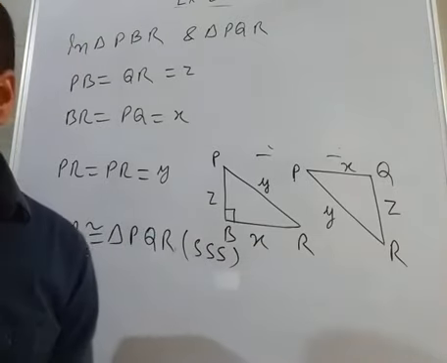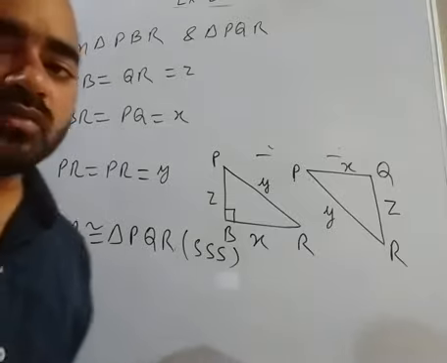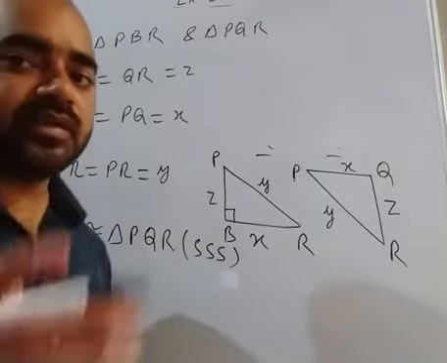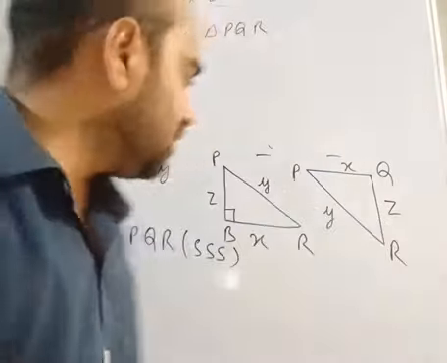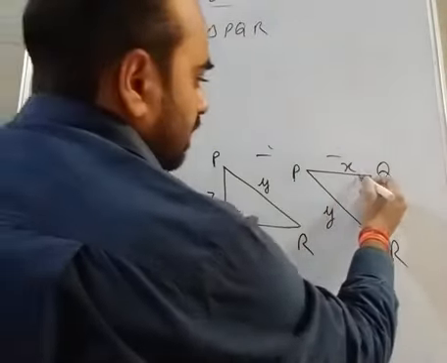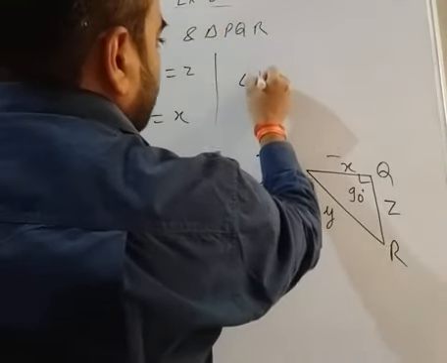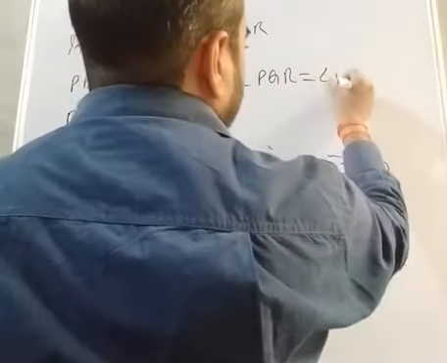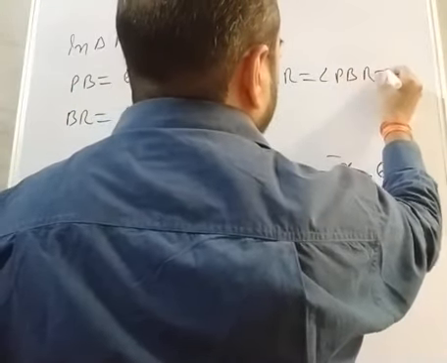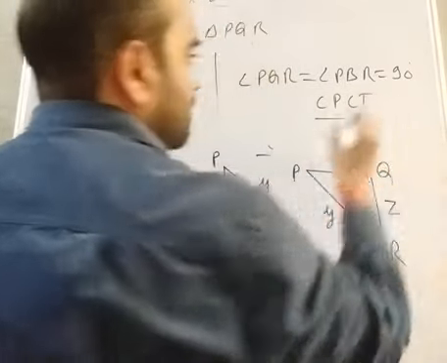Correct? It means both triangles are congruent by SSS, and if the triangles are congruent, their corresponding parts are equal by CPCT. It means if angle B is 90, this will be also 90. It means angle PQR is equal to angle PBR is equal to 90 degree by CPCT.